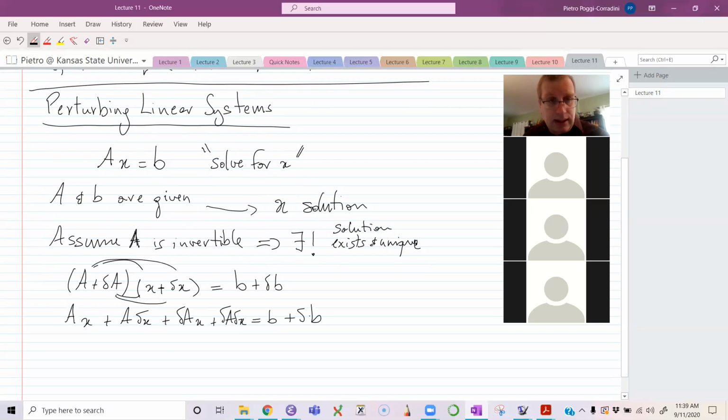Because x is the exact solution, I can actually cross out those two terms. And now I can maybe collect some things here. Let me collect those two. So A plus delta A applied to delta x equals delta b minus delta A x.